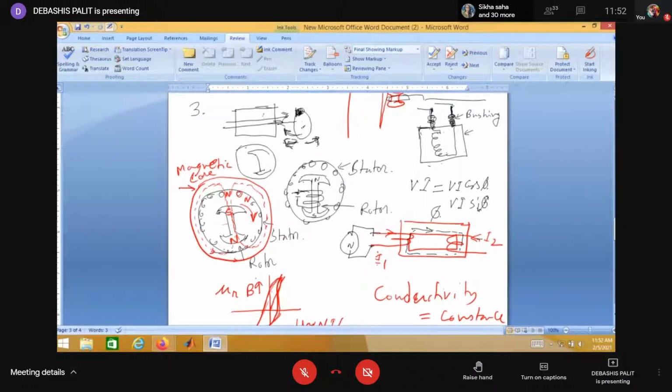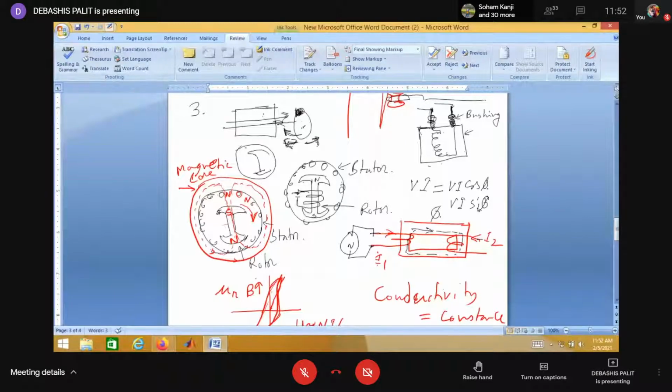VI cos phi is the active power and VI sin phi is the reactive power. This reactive power is required for creating the magnetic flux.